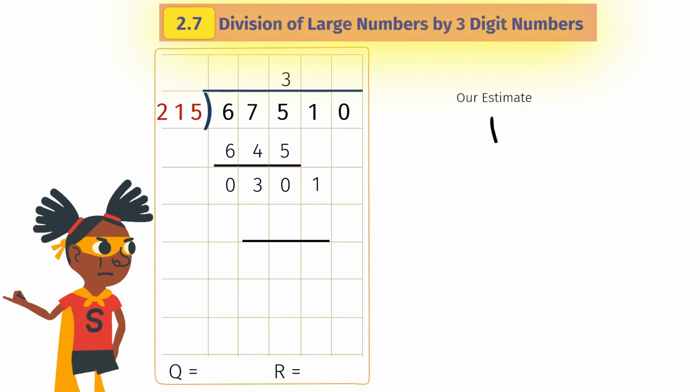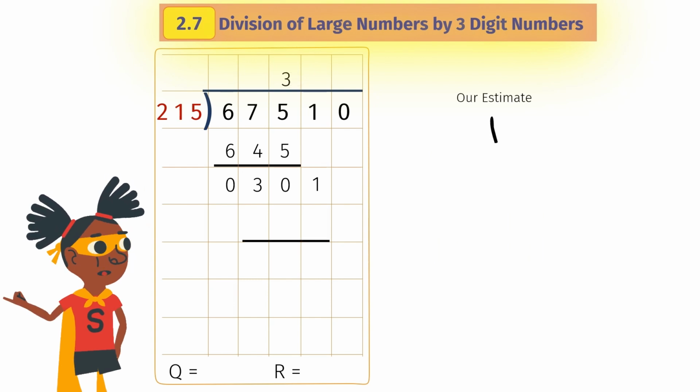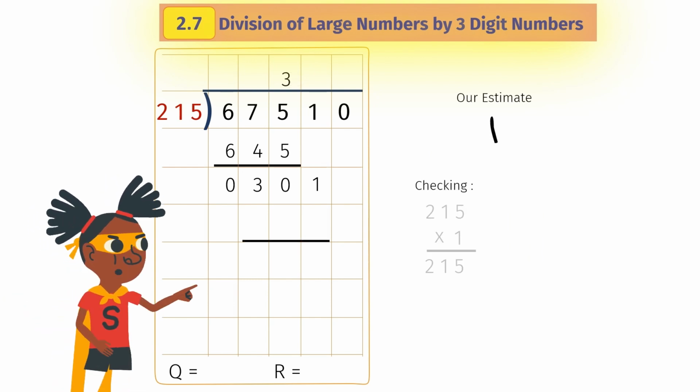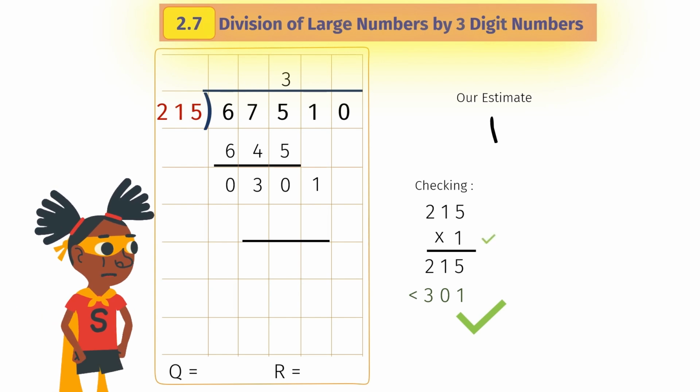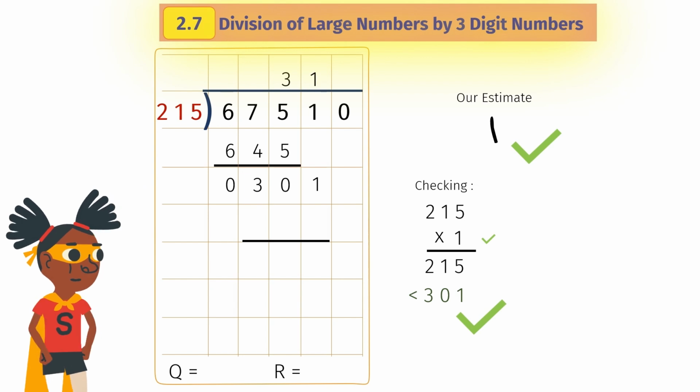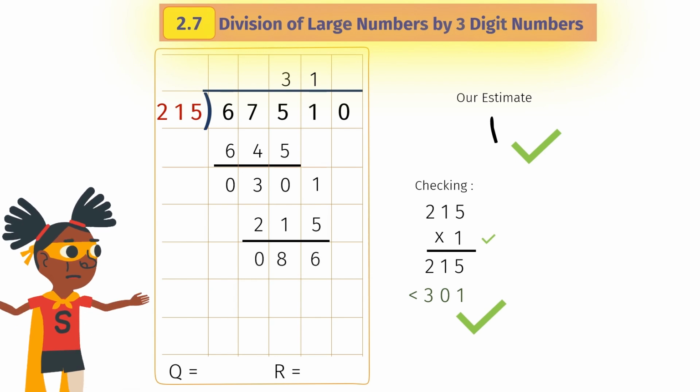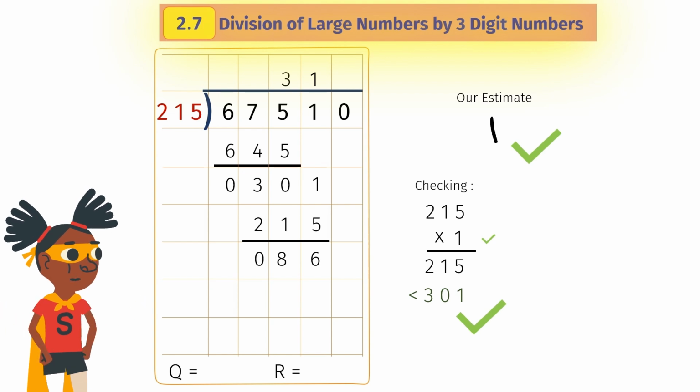Again, we check our estimate 1 by multiplying with 215. We get 215. Now, 215 is lesser than 301. So 1 is correct estimate. Write 1 and 215 in correct places. 301 minus 215 equals 86 and we get 0 from the dividend.